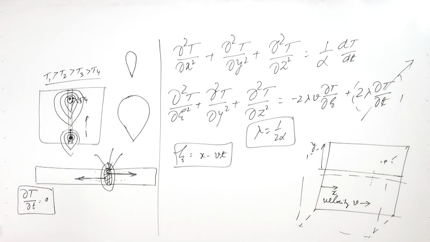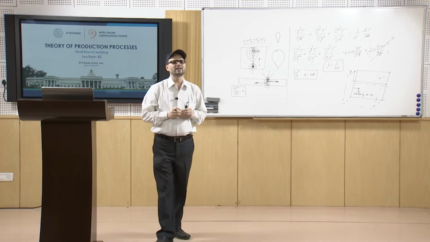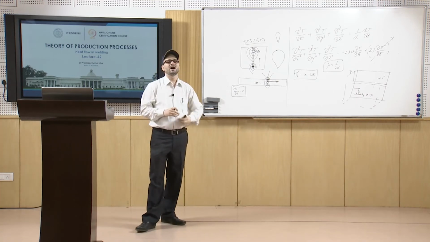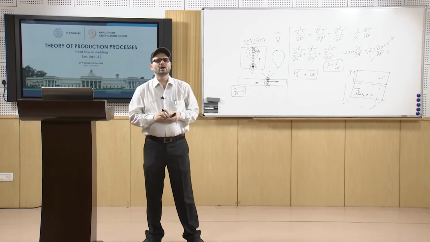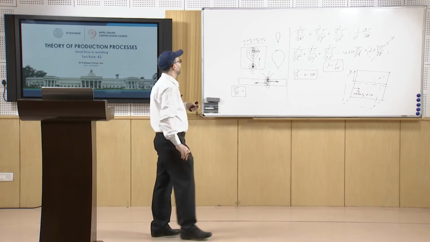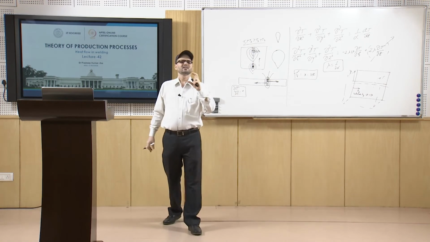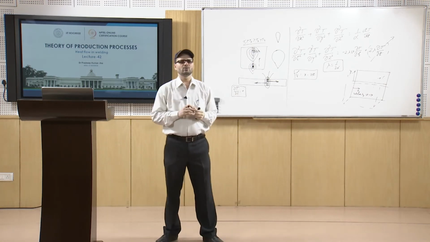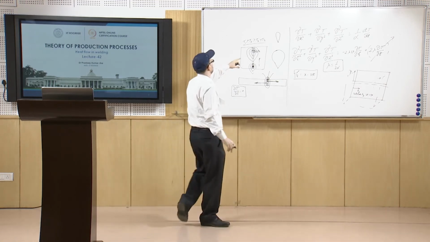Now, depending upon the different types of welding conditions, whether you are going at a fast rate or a slow rate, you will have different types of welding isotherms, temperature isotherms. So, the innermost isotherm will be representing the solidus temperature, and then the outermost isotherms will be the temperatures at lower values.